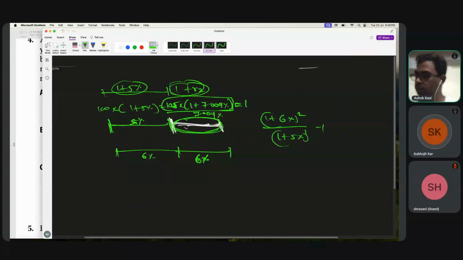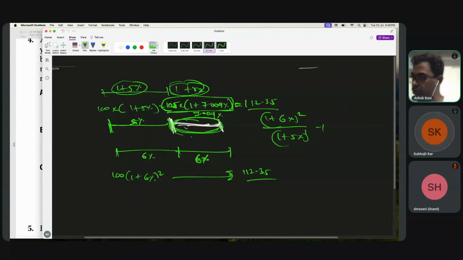Oh, sorry. 112.35. Similarly, here also, if I invest 100 at 6% for 2 years, check, it should come to the same amount. Yeah, 112.36. Okay.